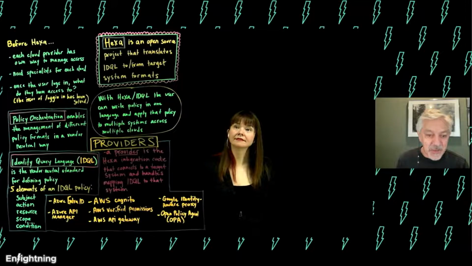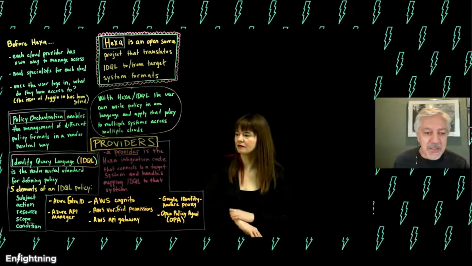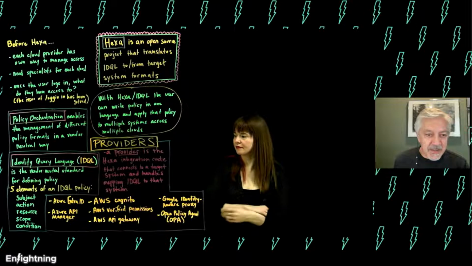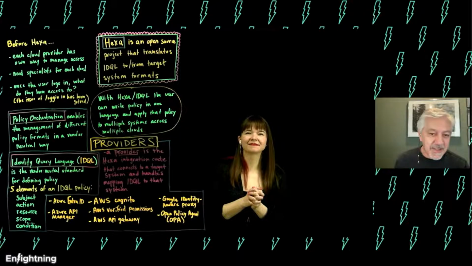Inconsistent access across systems, and they're just trying to find more efficient ways to manage that. So that's why they're coming to us and learning more about Hexa and thinking about, okay, how can we use this? Is this a model that will really work for us? And that's the stage that we're in right now.